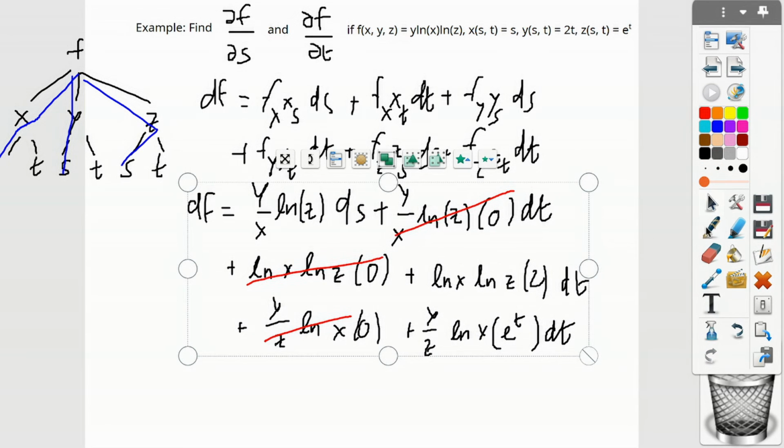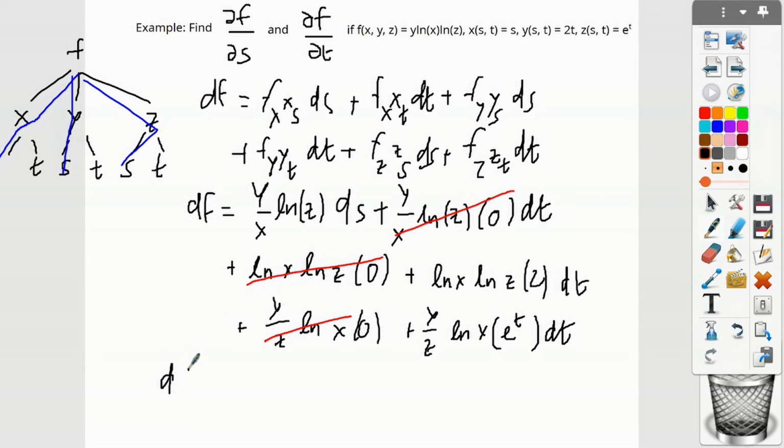Let's group the stuff. So df is equal to y over x ln z ds. So that's your del f del s right there.